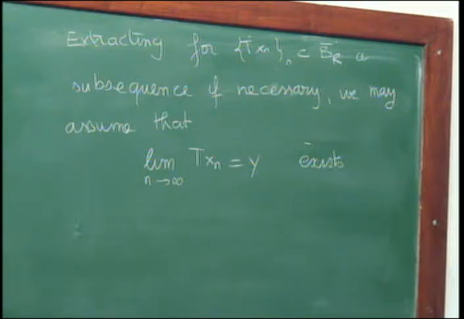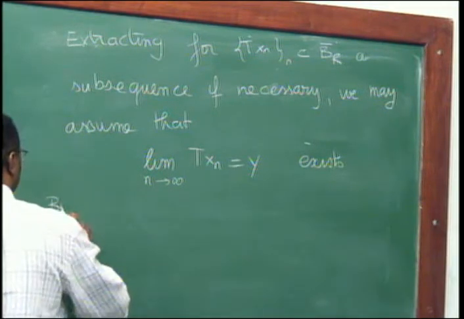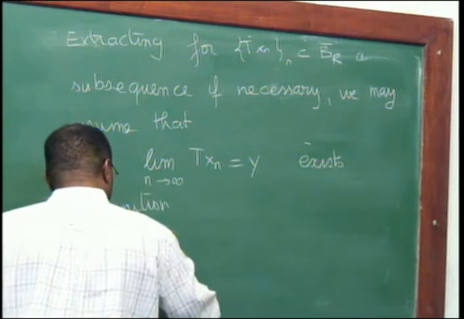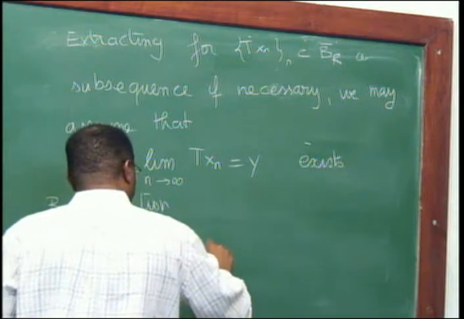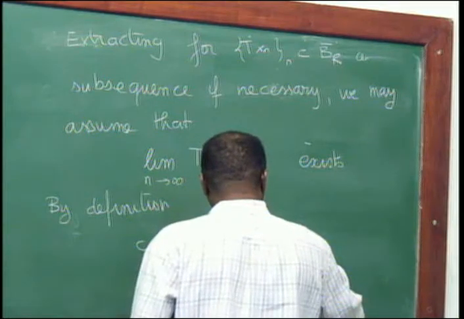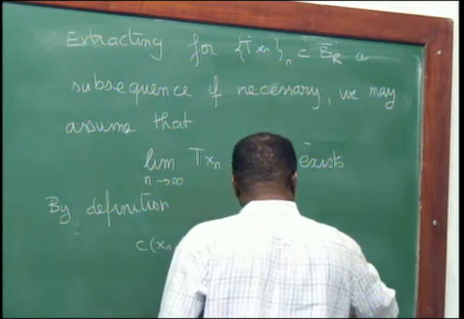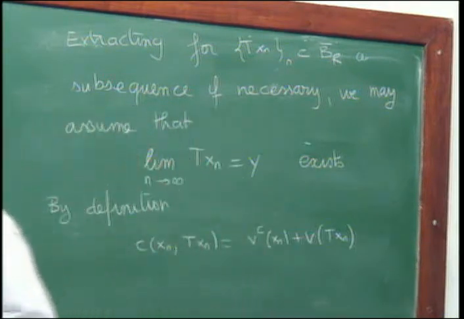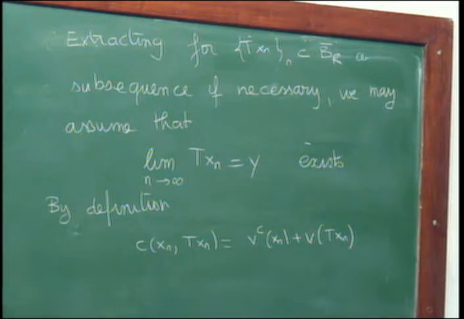By definition, C of S_n, T of S_n, is Vc of S_n plus V of T of S_n. By definition, T of S_n is a point where the minimum is attained, and so we have that equality. I let n go to infinity.